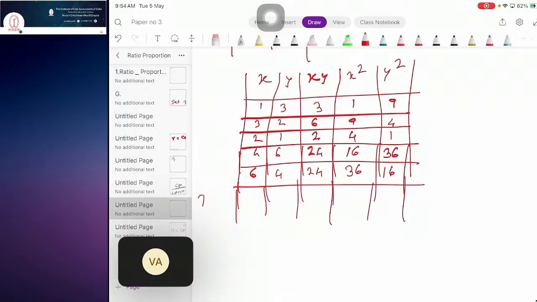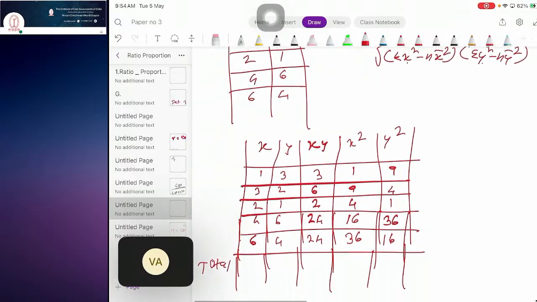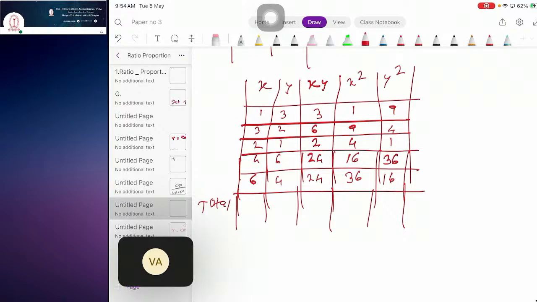Now let's find the total part, because we need to find x bar, y bar and all such things everywhere. So let's first find the total of x.